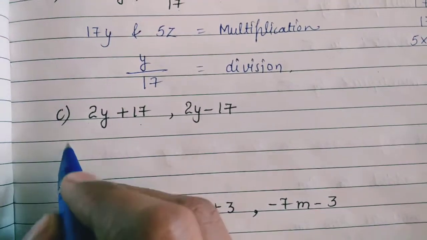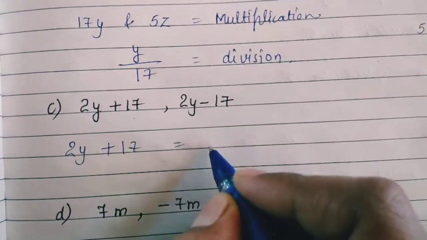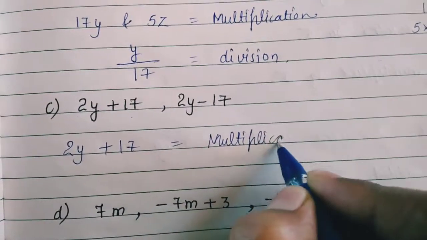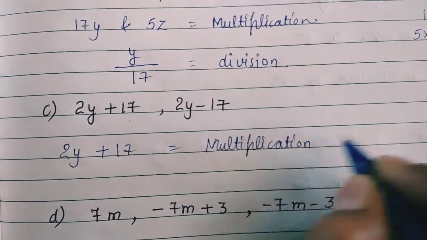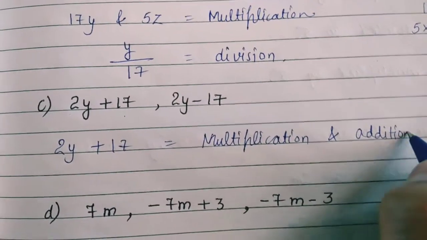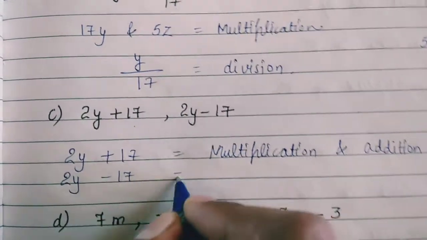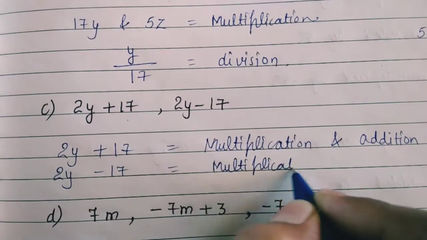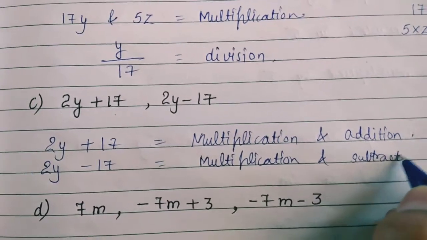So 2y plus 17 is showing us multiplication and addition. Same in the second one, but there we have multiplication with subtraction.